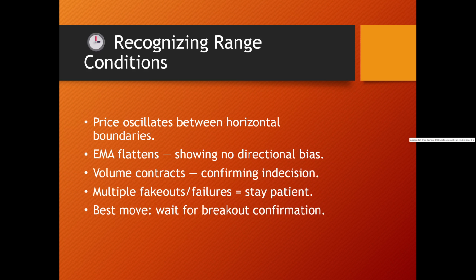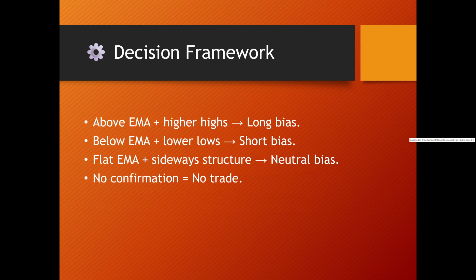So when you see multiple fake outs like I just showed you, you want to stay patient, and the best thing is to really wait for a breakout. So you can use the stochastic RSI or the EMA. If the chart is making higher highs, then you'll probably want to enter a long.